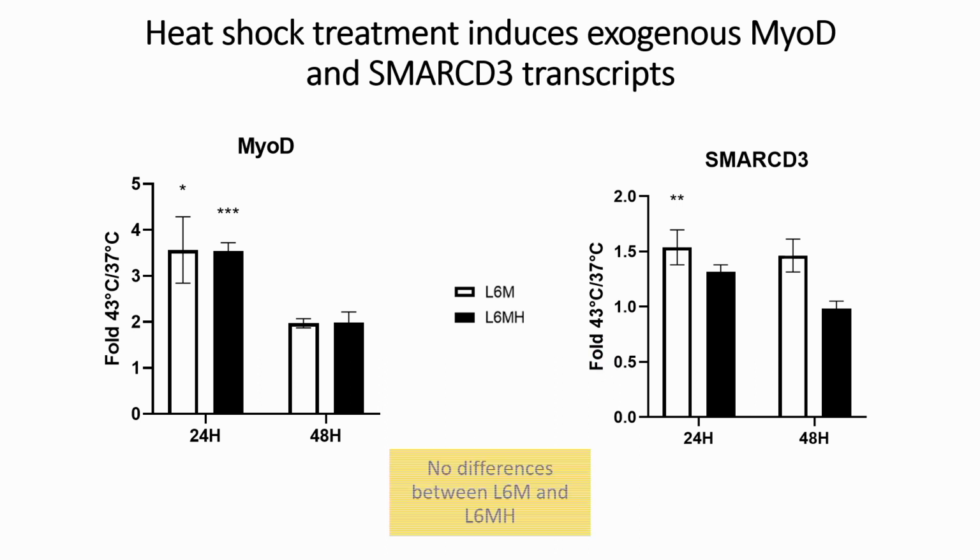But the problem is that we saw no differences between the L6M and the L6MH cell lines. So as the heat shock is a very fast process, we tried to investigate the induction of the transgenes at earlier time points.